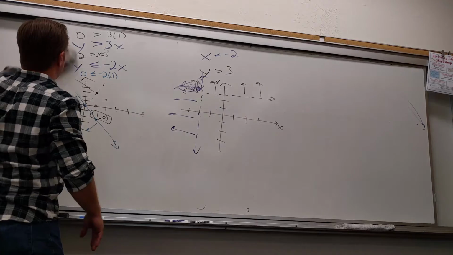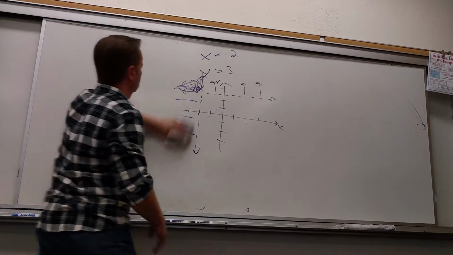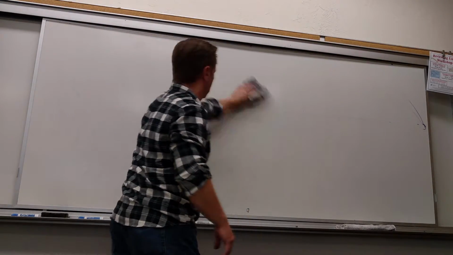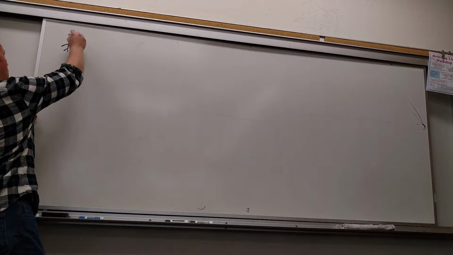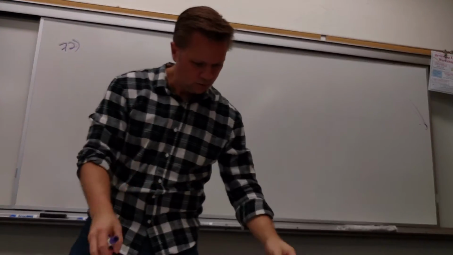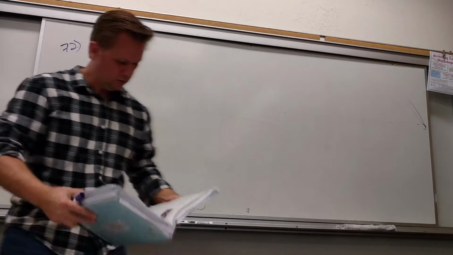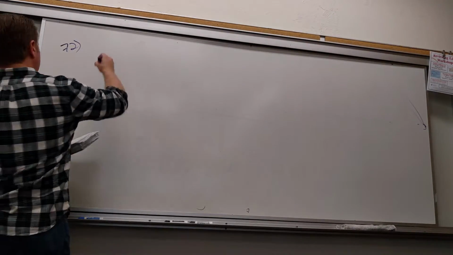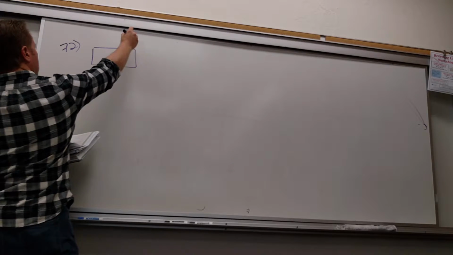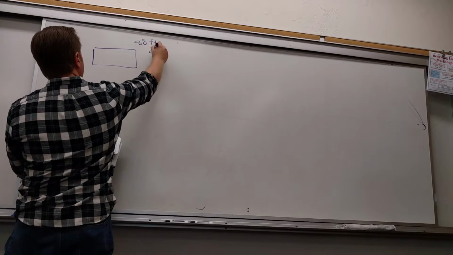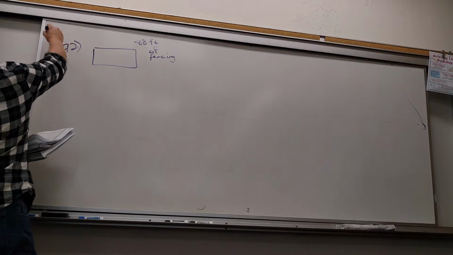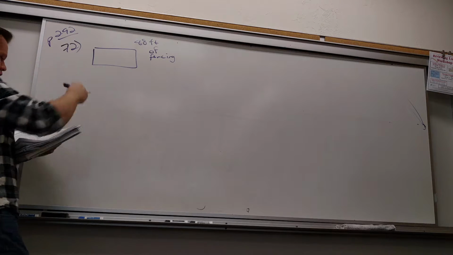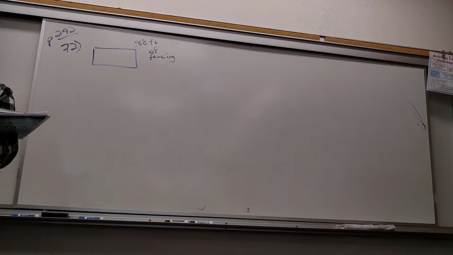Let's do 72 and 74. It says a rectangular garden has 88 feet of fencing. This sounds very familiar, right? Page 292, in the review section. Oh, 72. I was going to 74.